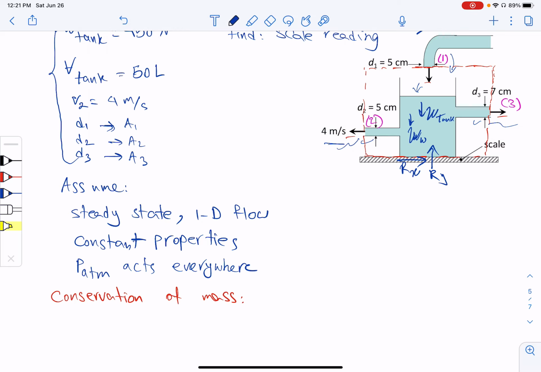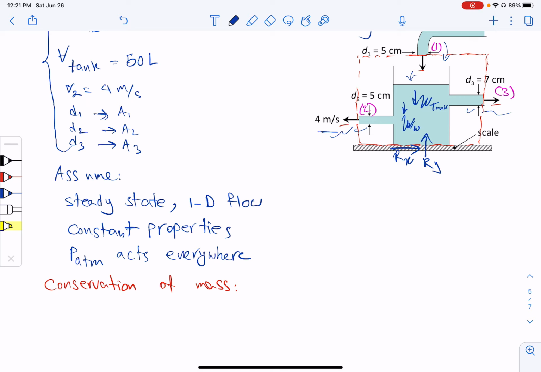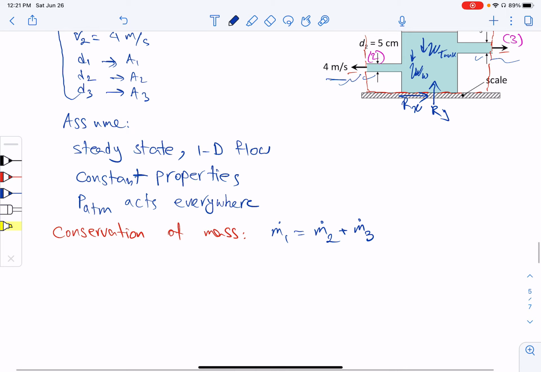So simply m dot 1 equals m dot 2 plus m dot 3. And because of a steady state, you don't have the first term in the conservation of mass. So this is how it's going to be simplified.